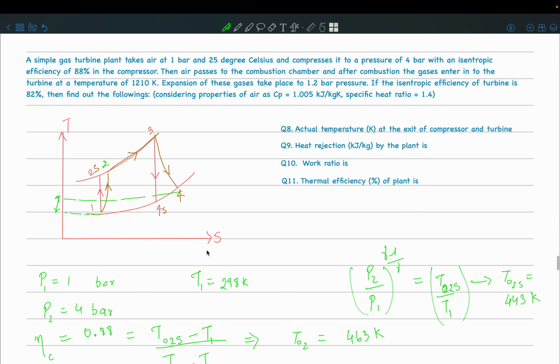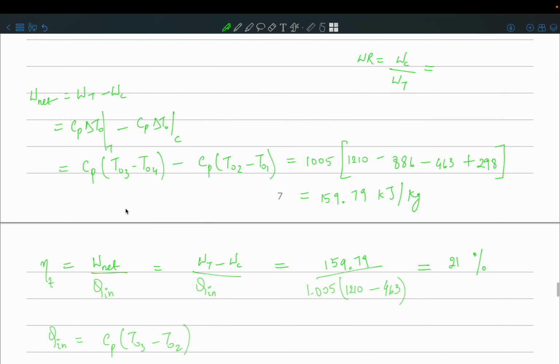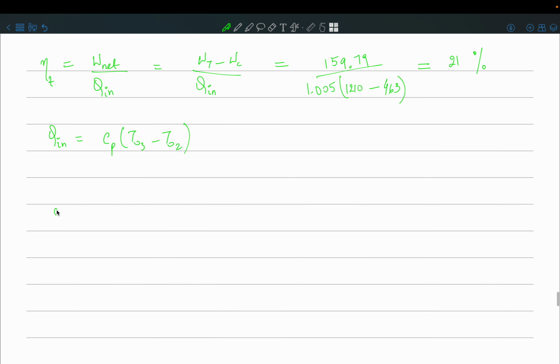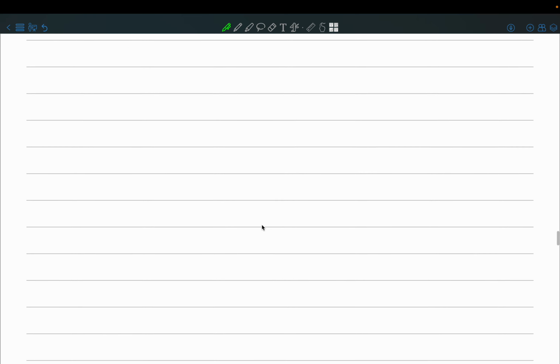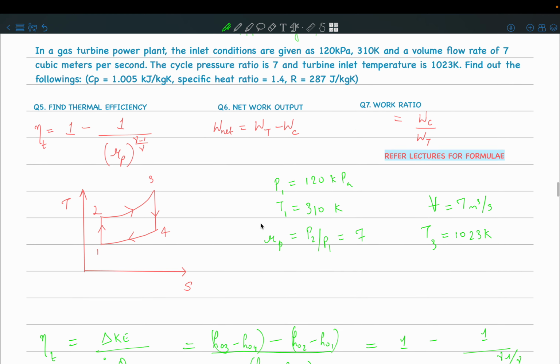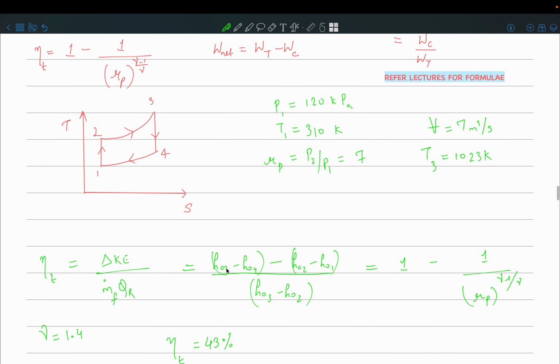Yeah, so exactly. When you did the derivation of that particular formula, you used an ideal cycle, right? And whatever is given in this question, I told you have to use the real values. So during the derivation of that formula, where you have the relation between the thermal efficiency 1 minus 1 by the pressure ratio to the power gamma minus 1 by gamma, remember, the first step of the derivation that we wrote is H03 minus H04 minus H02 minus H01.